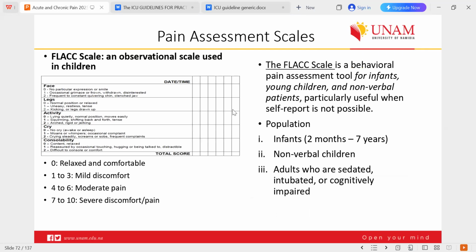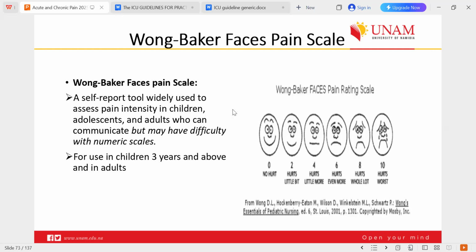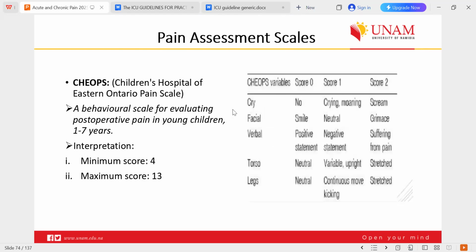Sorry, I'm trying to locate it. Okay, this one. You said the minimum score is 4, but I do see a column of score 0 on the table. So how is it that the minimum score is 4 and not 0?